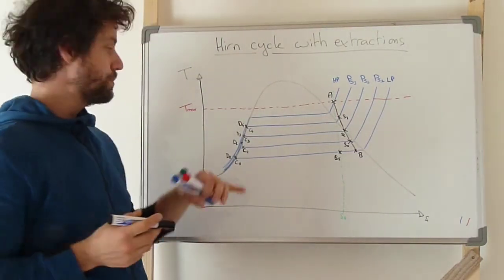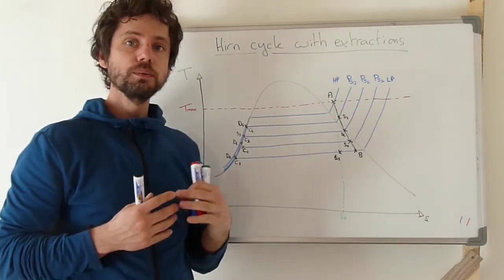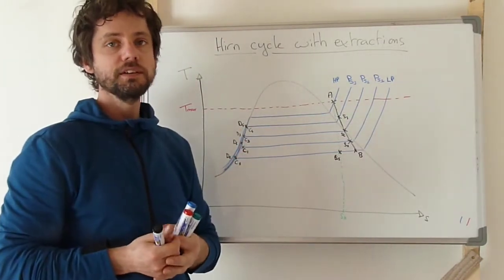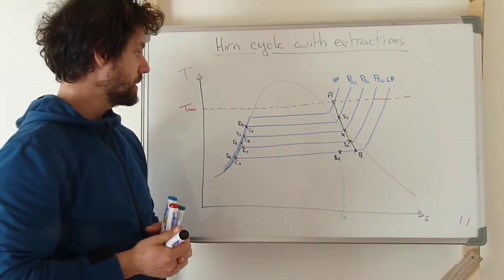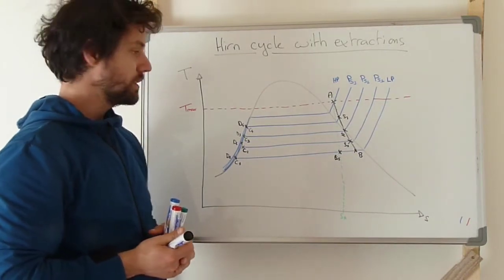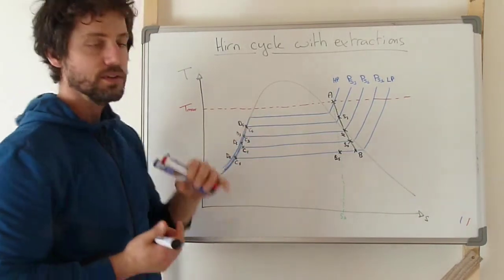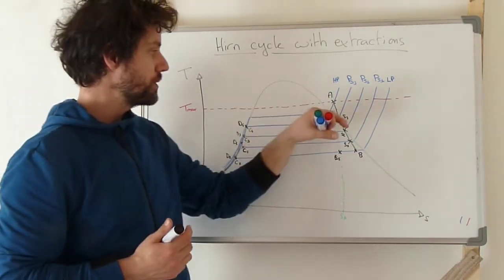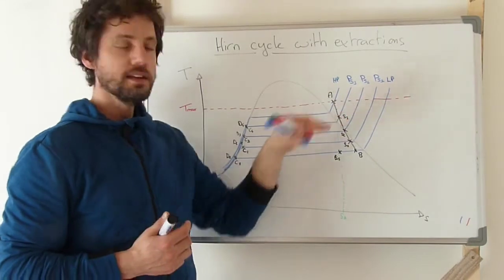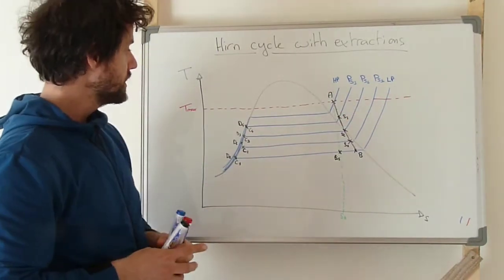And last step, the flow from D4 will go through the vapor generator in order to increase the specific enthalpy, and this will increase first the temperature to the saturation temperature, evaporate, and then superheat the fluid until point A.